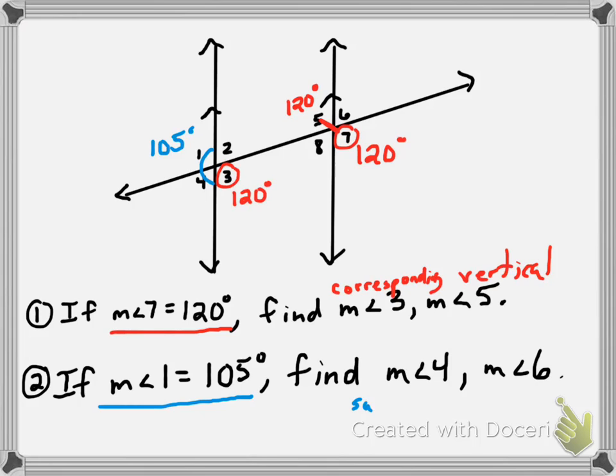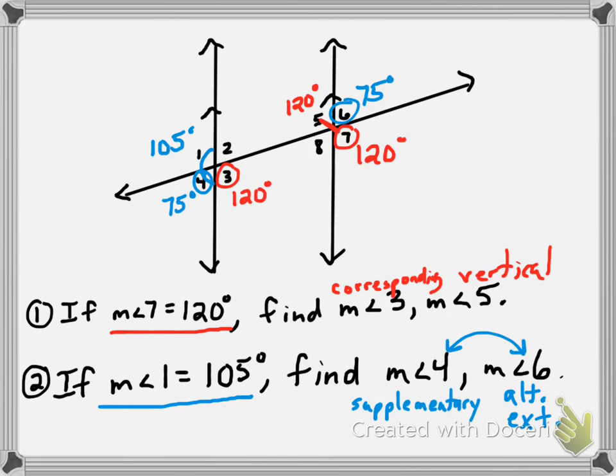That means I need to add 75 to it to get 180. So angle 4 is 75 degrees. Now I'm looking for number 6. Number 6 is alternate exterior to angle 4. So that means it's going to be congruent to angle 4, and is also 75 degrees.